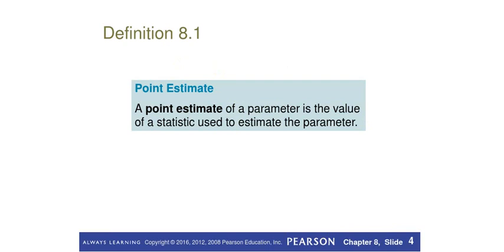Well, if I say that 69.5 inches is the average for the adult population of males in the United States, then I have just made a point estimate of the entire population. The parameter that we're discussing here is the height of males in the United States, and that parameter is being estimated by the point 69.5 inches.